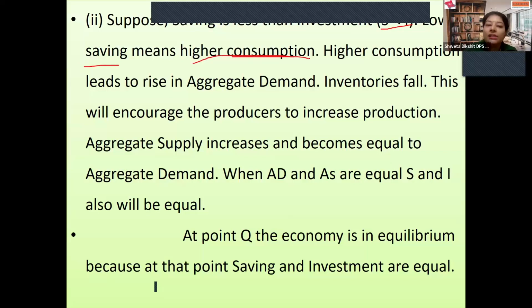When there is higher consumption, it means we are having a rise in aggregate demand. With a rise in aggregate demand, the inventories will start falling below the desired level. So the producer will invest and produce more. With more production, the producer will continue until aggregate demand becomes equal to aggregate supply.